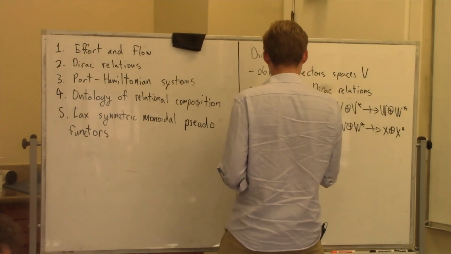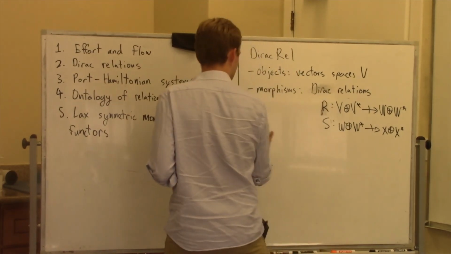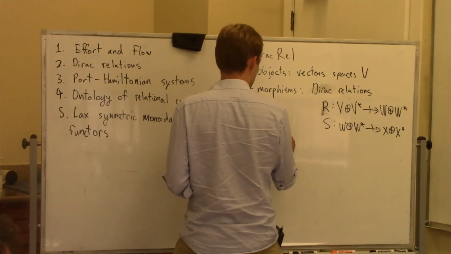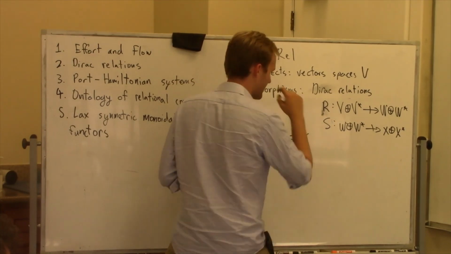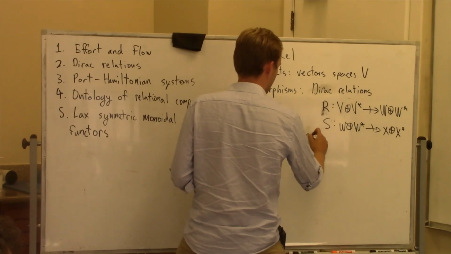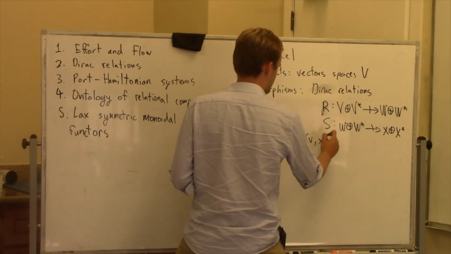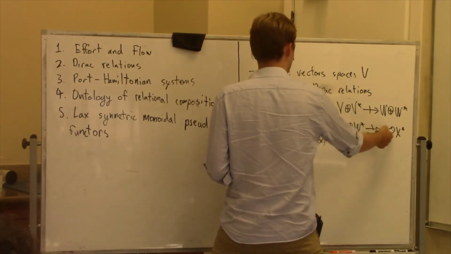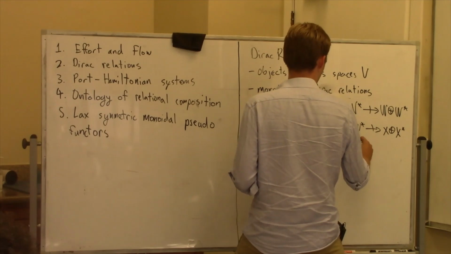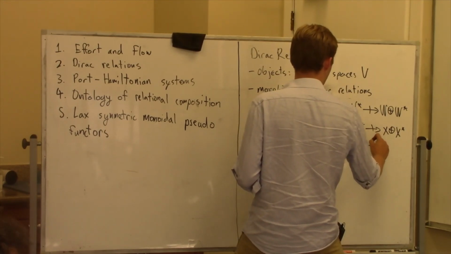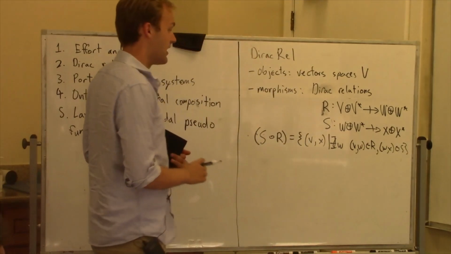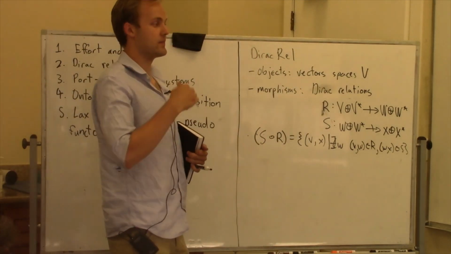S compose R is the set of V and X, where V is from this big thing and X is from that big thing, such that there exists W with VW in R and WX in S. As David said before, it's not trivial that this would be linear or preserve power.